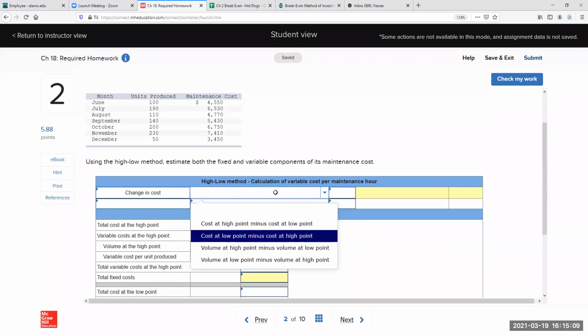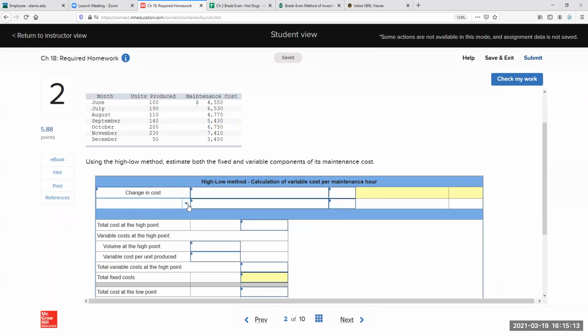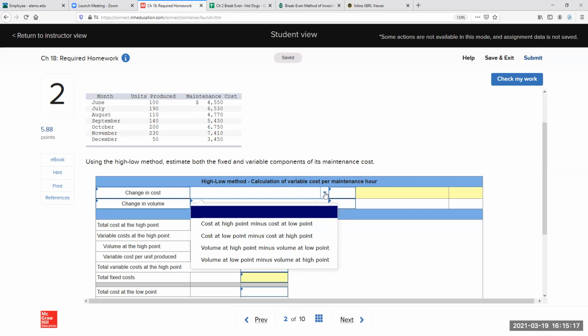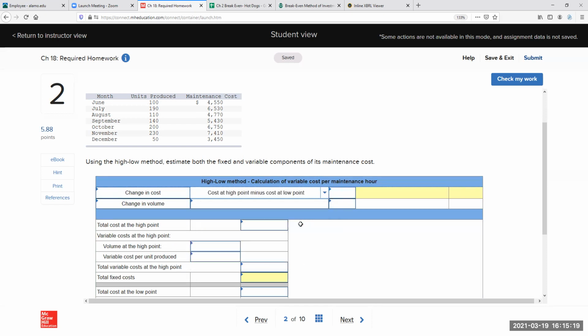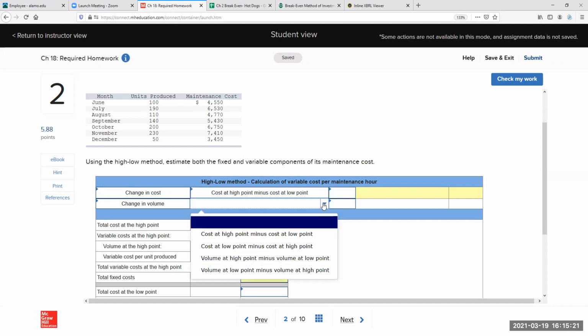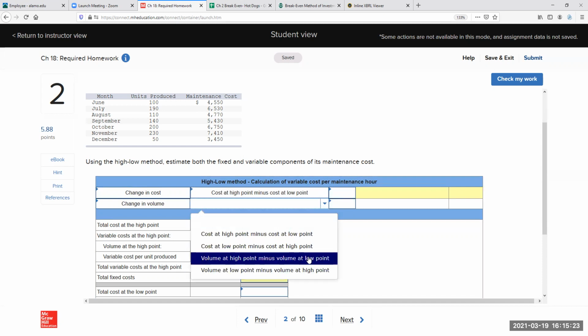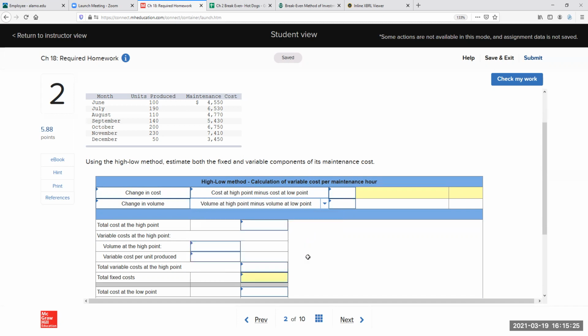High-low method: change in cost over change in volume. So the cost at the high minus the cost at the low, divided by the volume at the high minus the volume at the low.